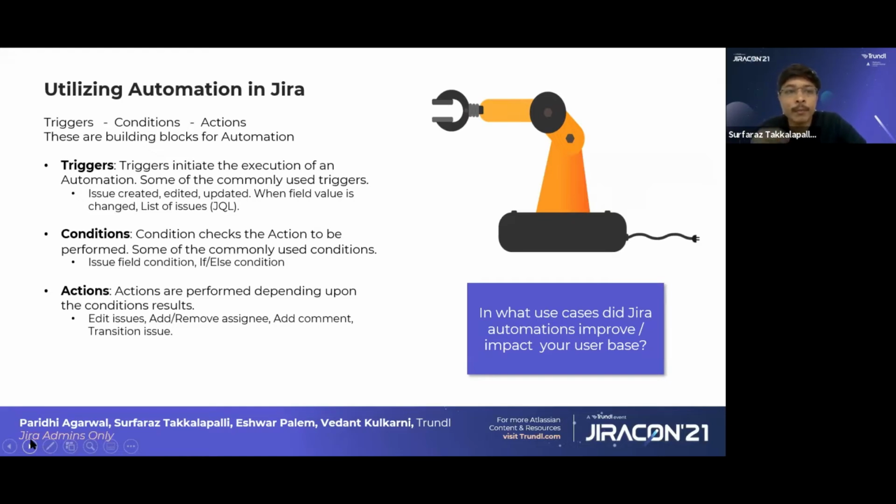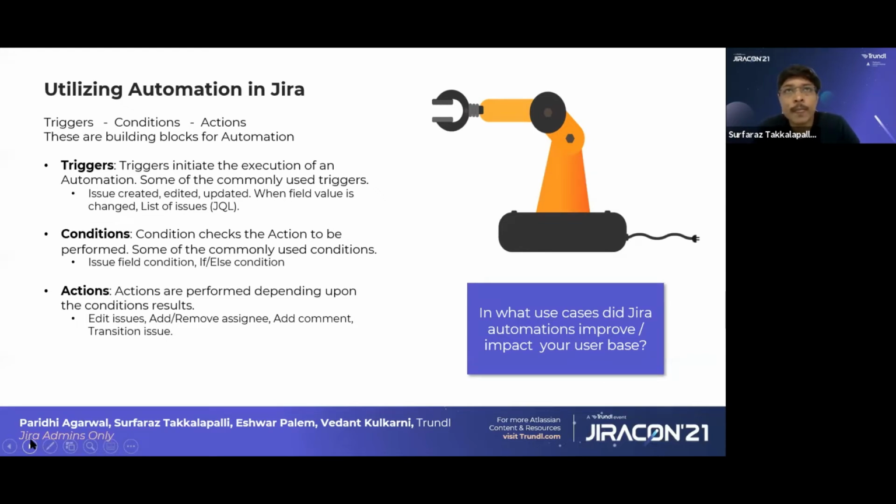We have three main components in automation for Jira. They are called the building blocks for any automation you build. First, triggers. A trigger is the first step in the automation, and it initiates the execution of a rule.